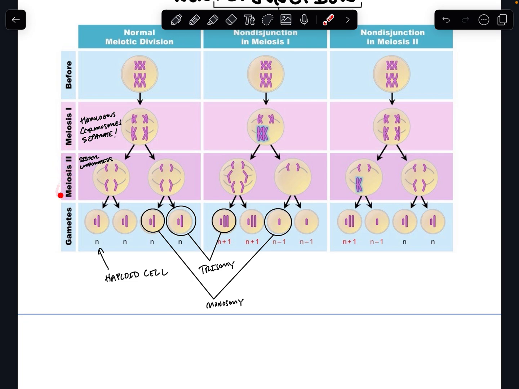What about meiosis 2? Well, if you have a proper division of the homologous chromosomes during meiosis 1, one side of the developing embryos will have the standard number of chromosomes, or N, 1 of each copy of every chromosome, and a non-disjunction in meiosis 2 will lead to 1 gamete with an extra chromosome, so 2 copies of chromosome number 1, and 1 gamete entirely missing a chromosome number 1.